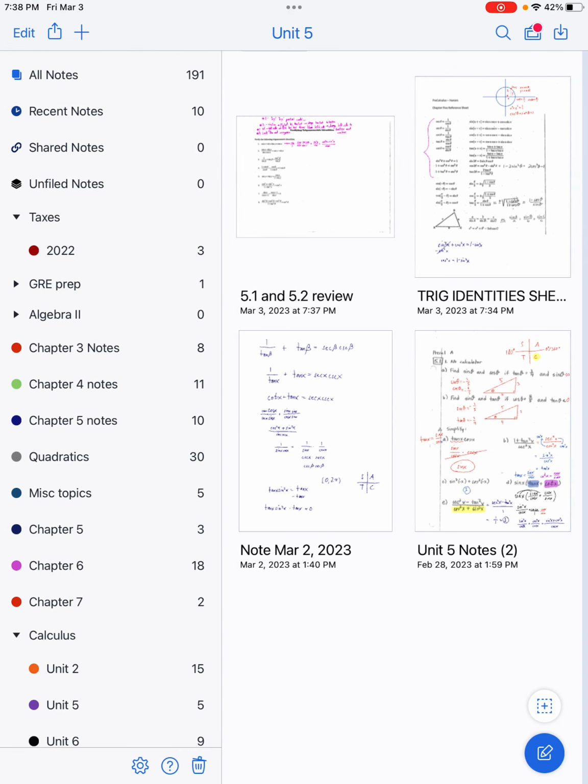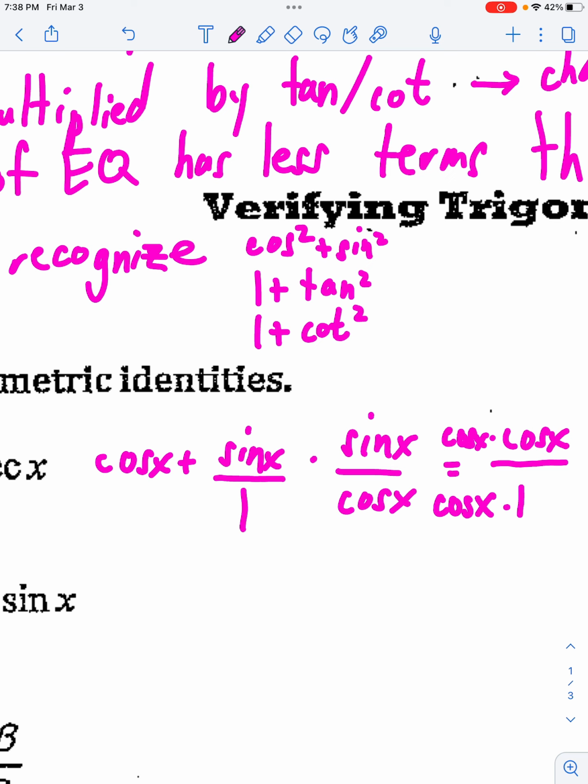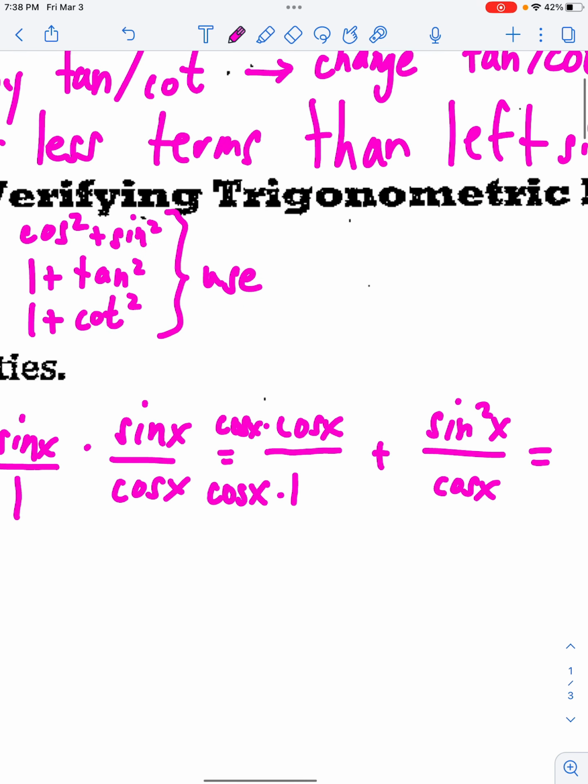Cosine squared plus sine squared, or 1 plus tangent squared, or 1 plus cotangent squared. Those are going to pop up all the time, okay? Use your identities when you see them.